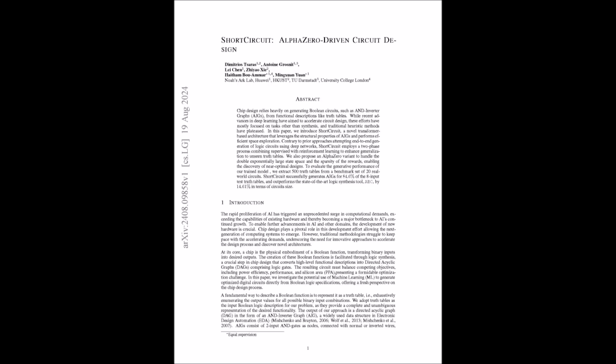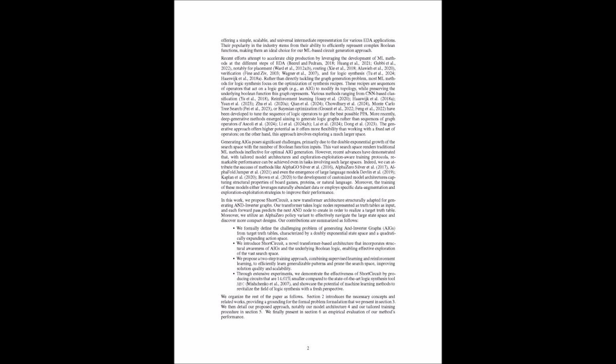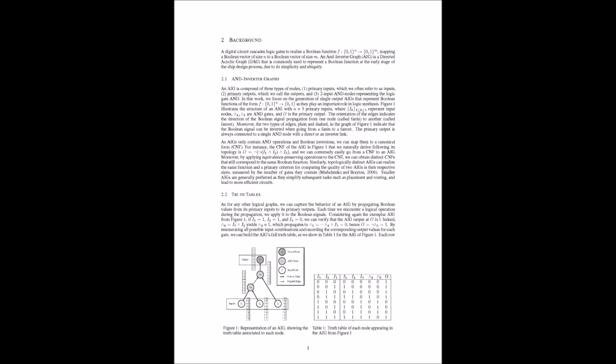It explores strategically, it learns from every move it makes, and it starts to focus its energy on the paths that seem most likely to lead to success. So it's like playing some crazy game with a billion different moves, but the goal is to build the best circuit instead of checkmating the king.